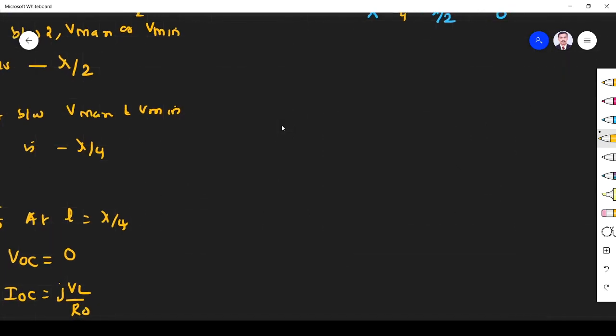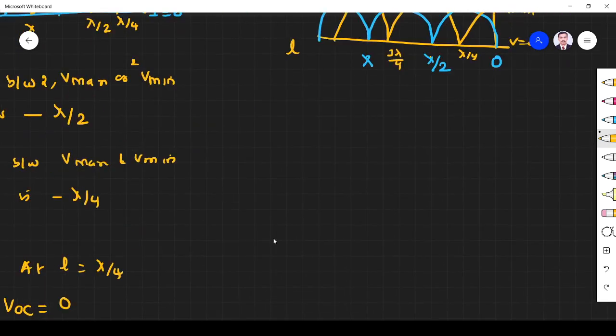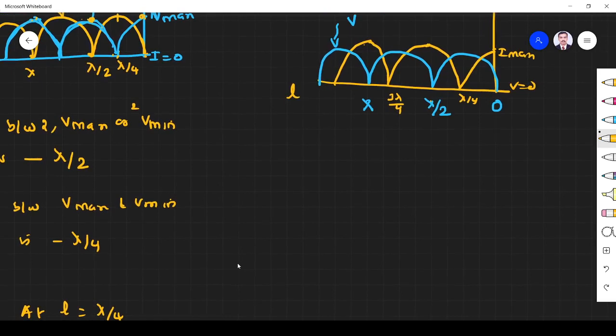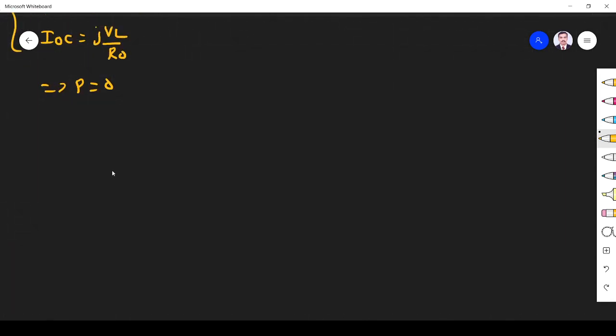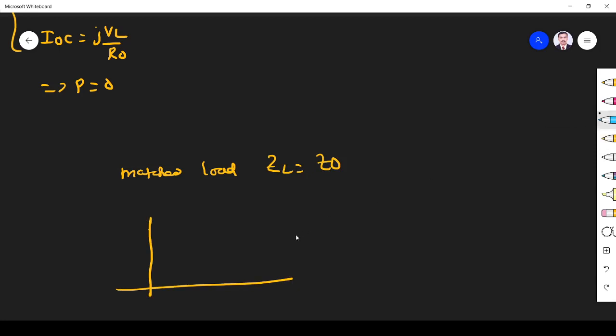Next thing we have to understand is what will happen to V and I at lambda by 4, and what will happen for the matched load. If the load is matched, ZL is equal to Z naught. So for a matched load, V and I will be like this. This is as usual V, this is length, here it is height.